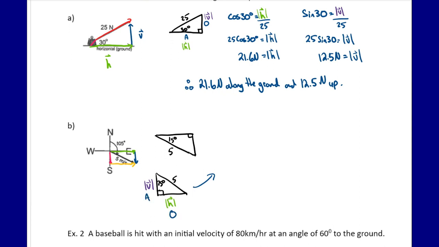Those two components could change whether opposite or adjacent depending on what angle we're given. So if I want to find the horizontal, opposite over hypotenuse, I'm using sine. So sine 75 is equal to the opposite, or in this case, the horizontal, over 5. Bring the 5 up, so 5 times sine 75 equals the horizontal.